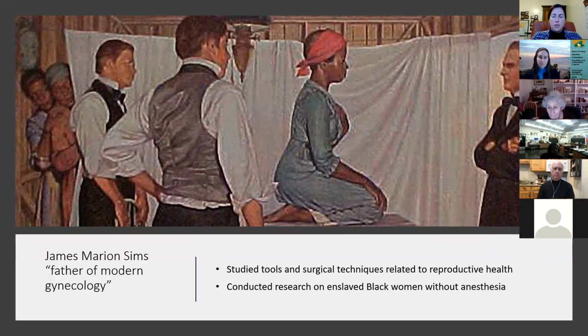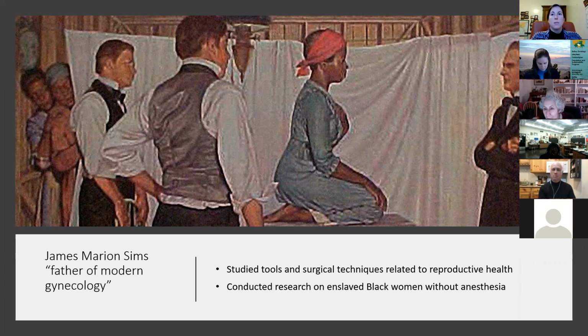And this last example isn't associated with any one organization, but is just another reflection on how we view these historical figures. So James Marion Sims is called the father of modern gynecology. He studied tools and surgical techniques related to reproductive health, many of which we still use today. But he conducted research on enslaved Black women without anesthesia and often without their consent.